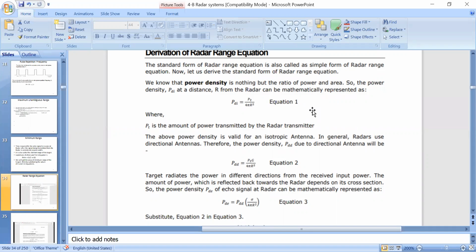The drawback is that it radiates its energy in all directions, so the antenna beam efficiency is less. We always require a narrow beam width in order to focus on targets, but with isotropic radiators it is not possible.